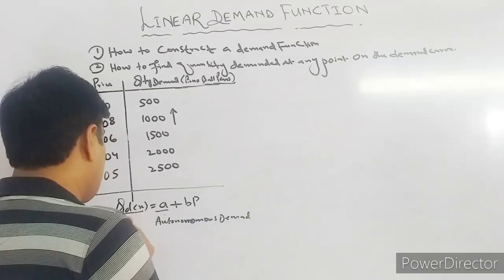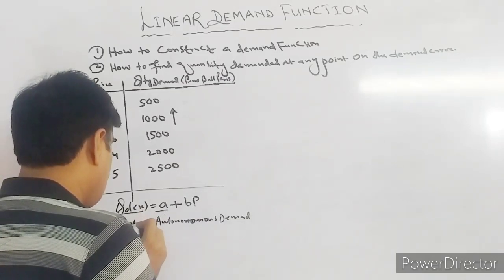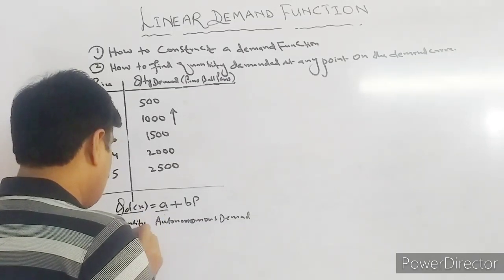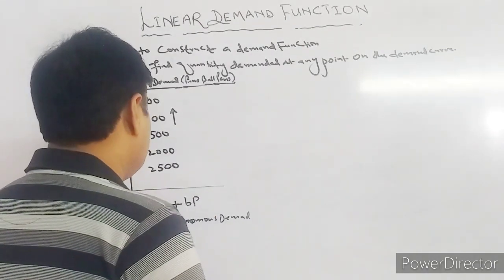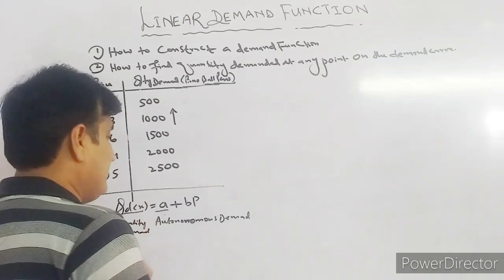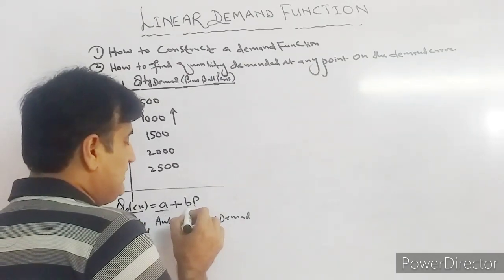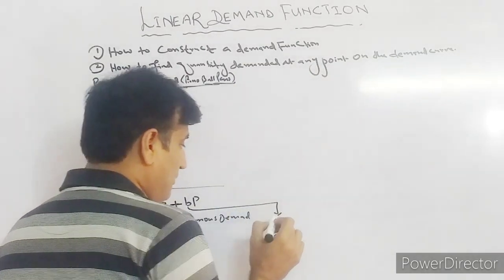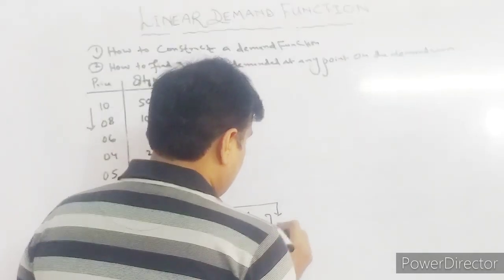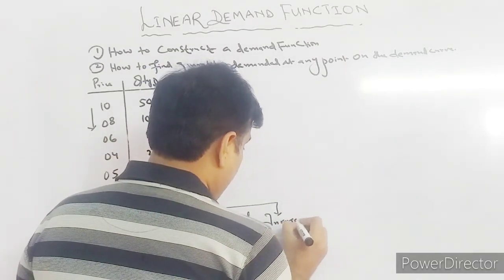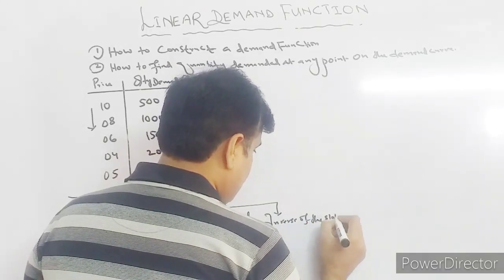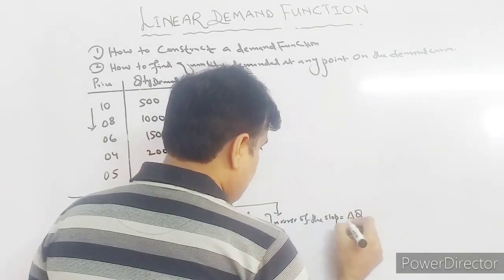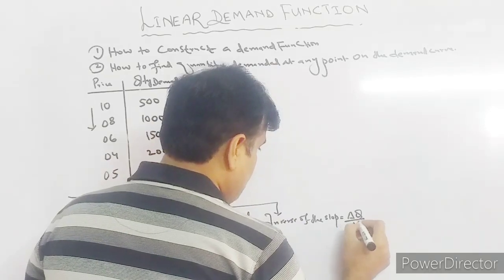QD is the quantity demanded for piano ball pens at different price levels, and B is the inverse of the slope. It is the change in Q with respect to change in P.